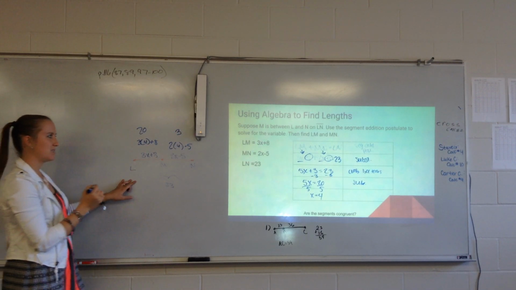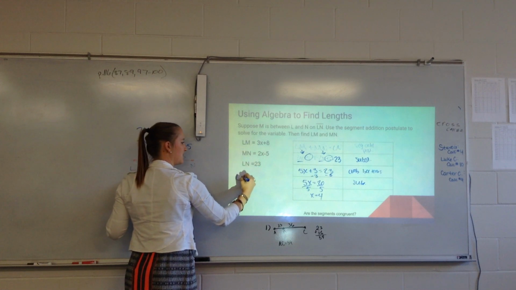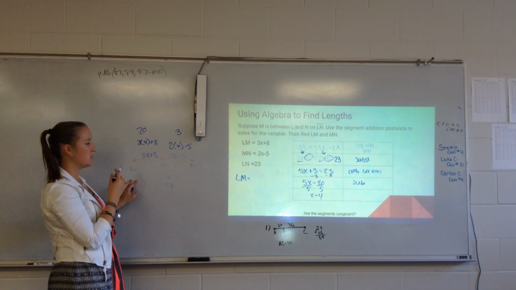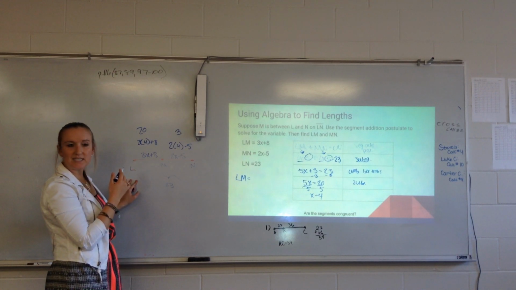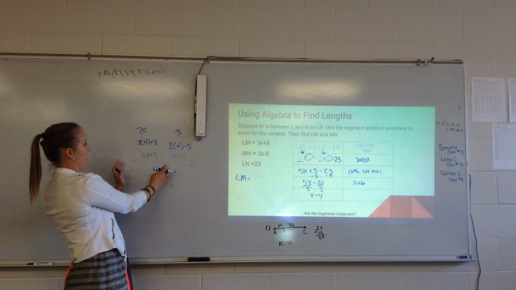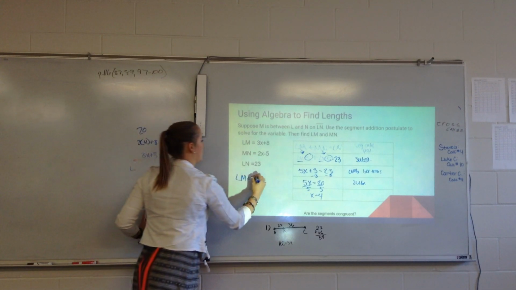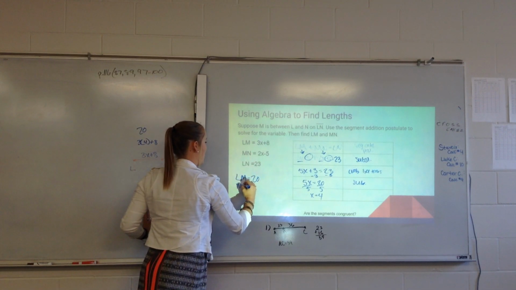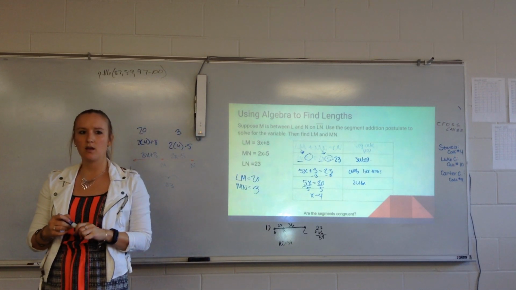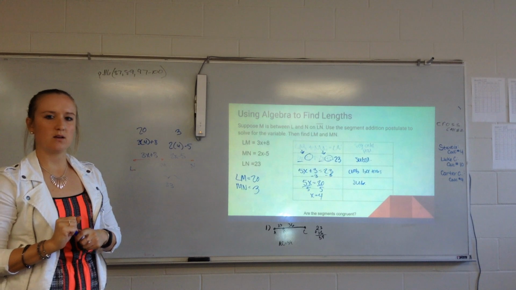So when I write this, my distance of LM equals 20. And my distance of MN equals 3. Add them together, do we get 23? Yeah. Perfect. Good.